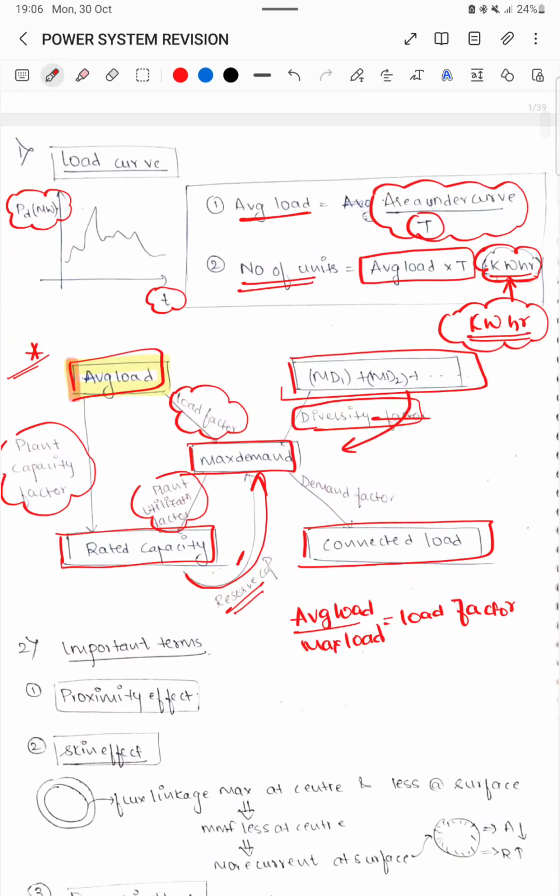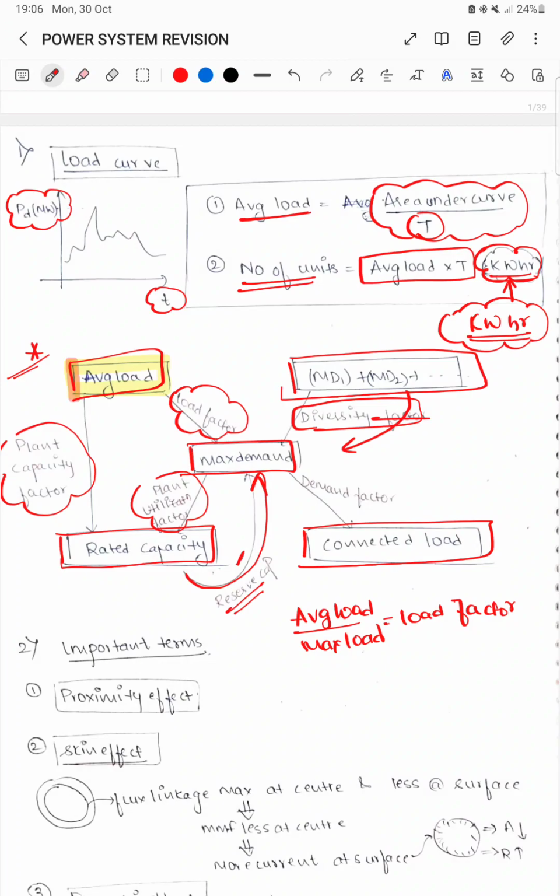So let's one more time discuss or revise load curve. So load curve is a graph between PD in megawatt versus T, and then there are two important things, which is average load. So average load is area of curve upon T, and number of units is average load into time, but the units of it are very important. So 1 unit is equal to 1 kilowatt hour.